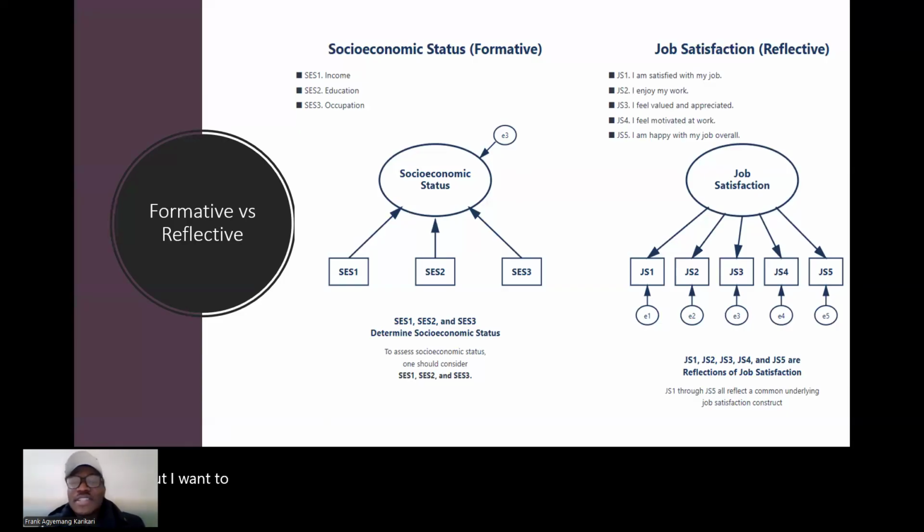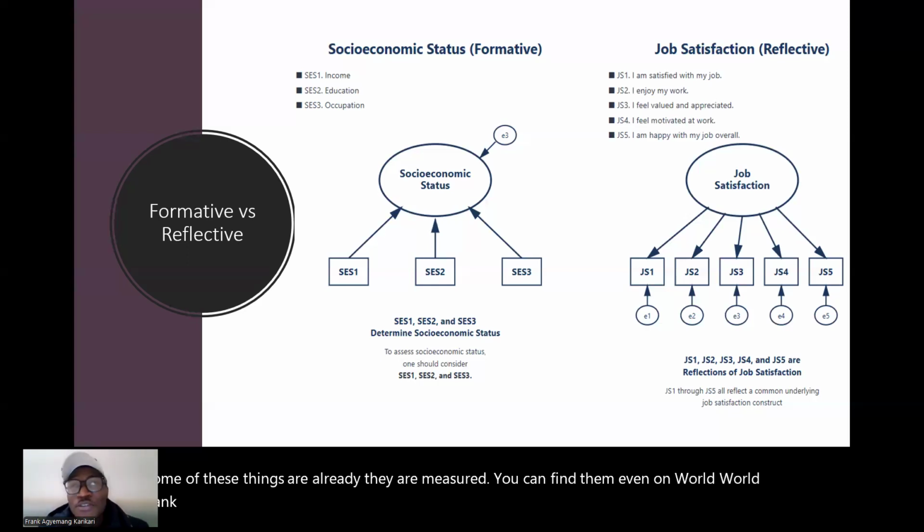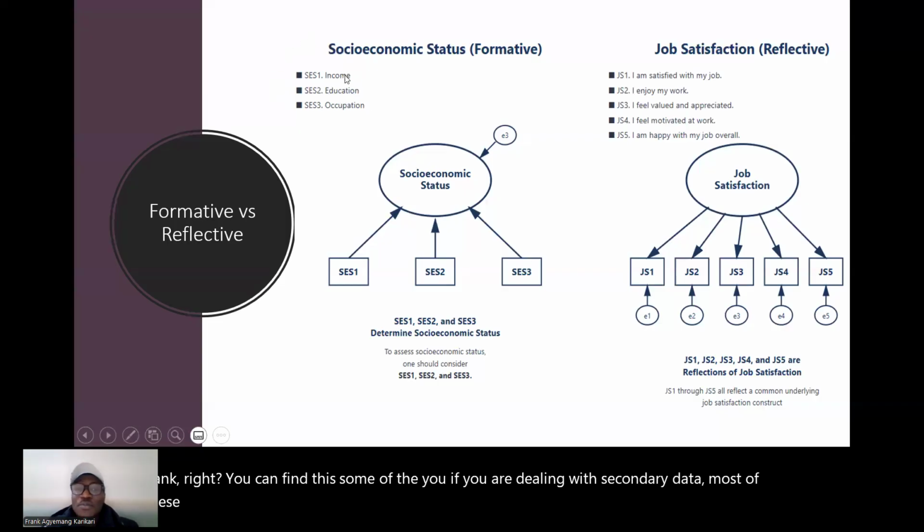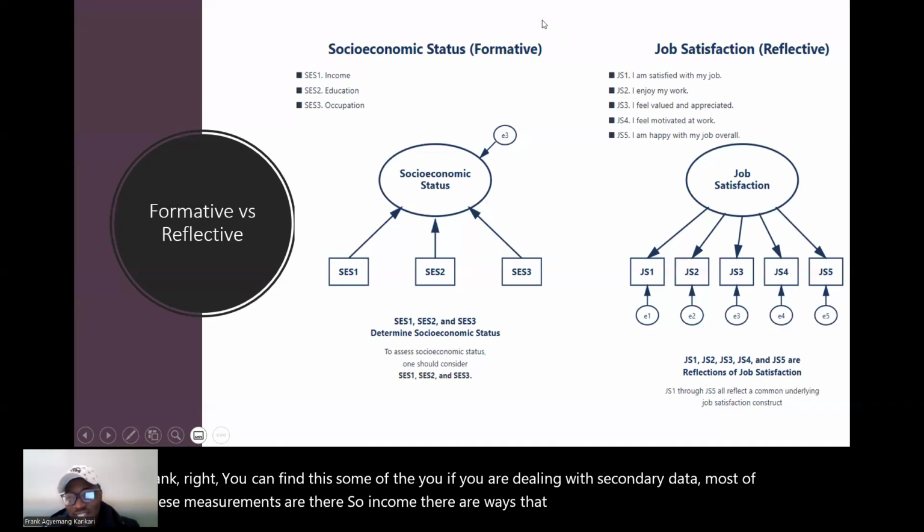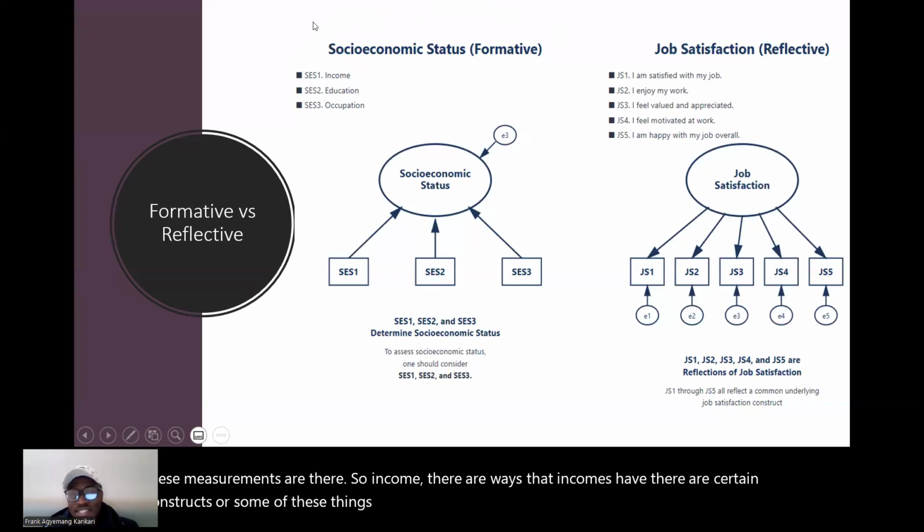Oh, some of these things are already measured. You can find them even on World Bank, right? If you are dealing with secondary data, most of these measurements are there. So for income, there are certain constructs or some of these things that are already calculated and then available online.